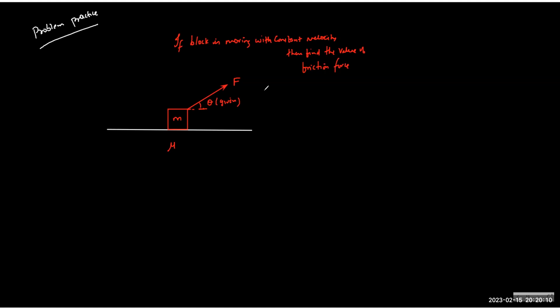I think in that case even mu is not required, but they may ask you to find the value of friction force. Can you find it? If only this is given to you, what will be the value of friction force?